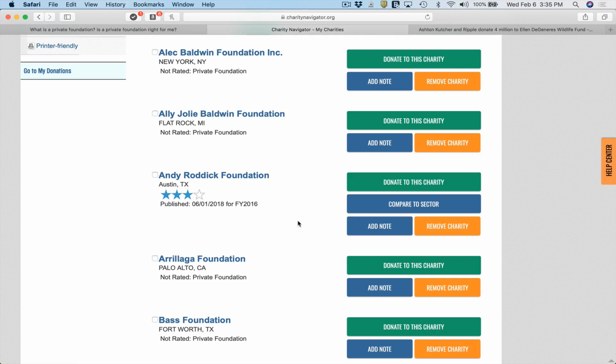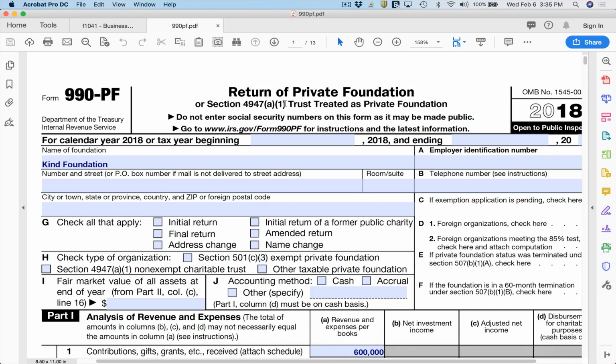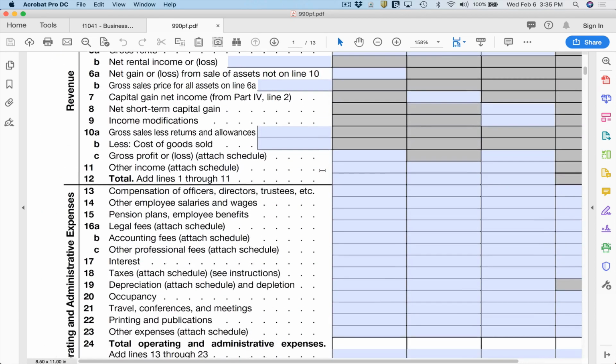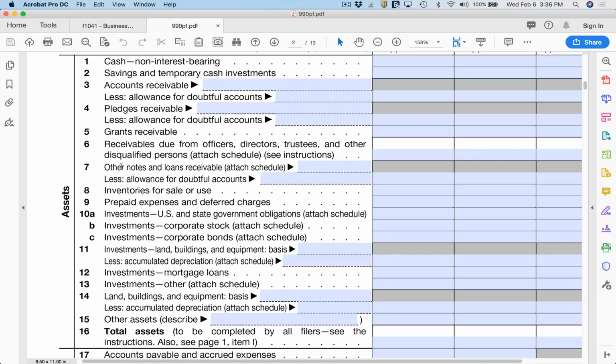Are they a public charity where they have to give away all the money minus their administrative costs? Or is it a private family foundation? And private foundations, remember, operate differently. In a private family foundation, it's a trust, and you sit as trustee of the foundation. Now, this isn't a bad thing at all. This is actually a good thing, because it allows you to buy and sell assets and grow the wealth of the foundation.